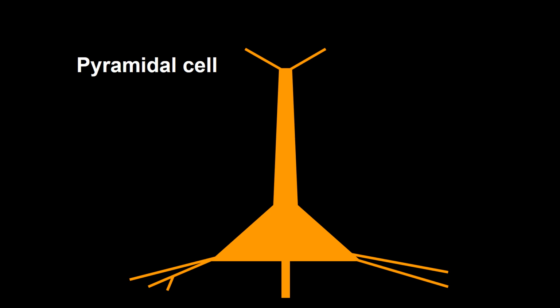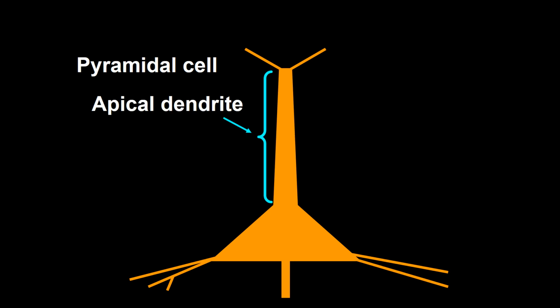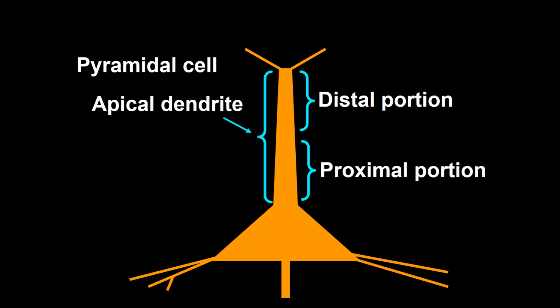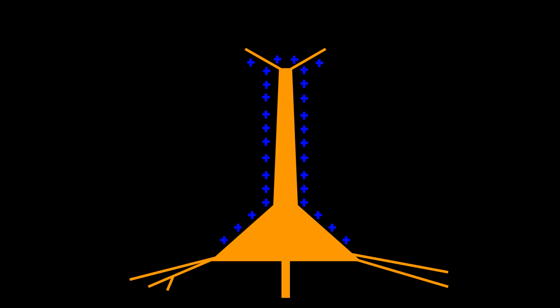The important pyramidal cerebral cortical cell structures for our current discussion are the apical dendrite with its distal and proximal portion and the body. At the state of rest, a thin layer of extracellular space in the vicinity of the neuron is positive.